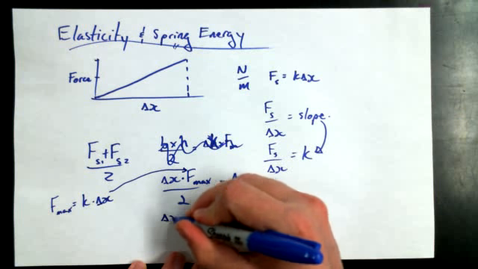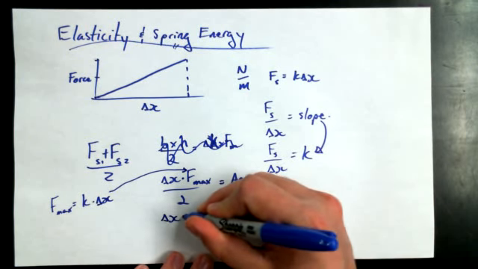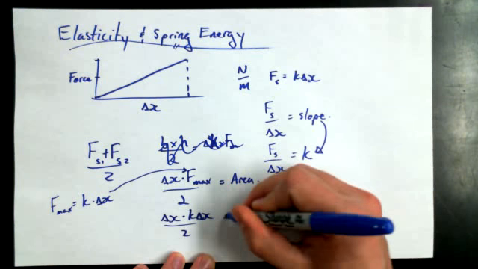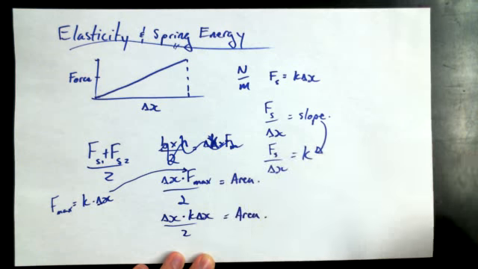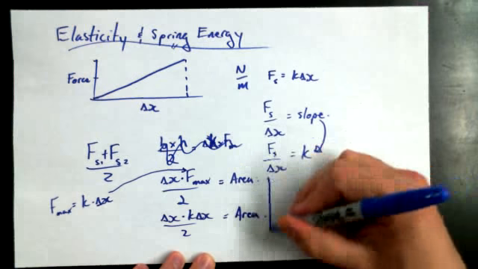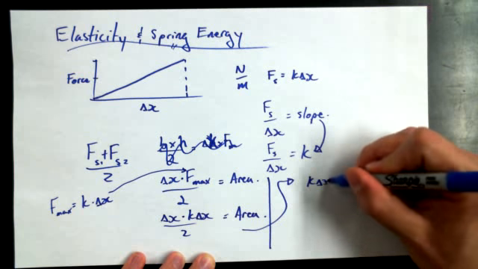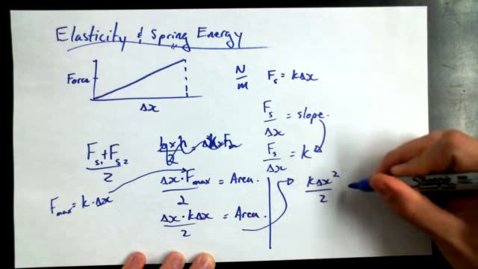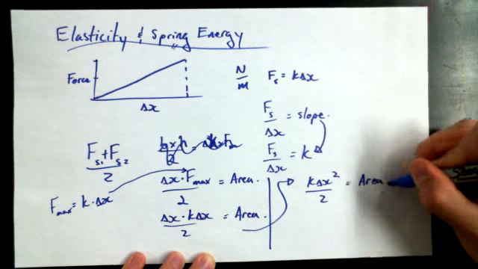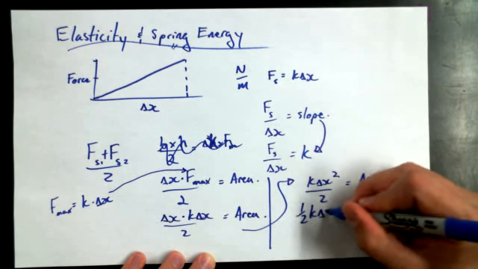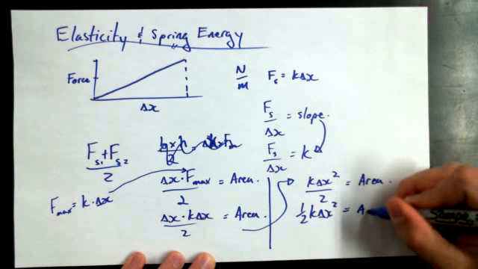Delta x times k delta x over 2 is equal to the area. I could simplify that and say k delta x squared over 2 is equal to the area. Or I could say it a slightly different way: 1/2 k delta x squared is equal to the area.